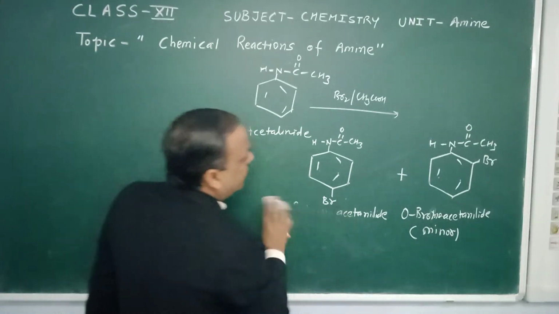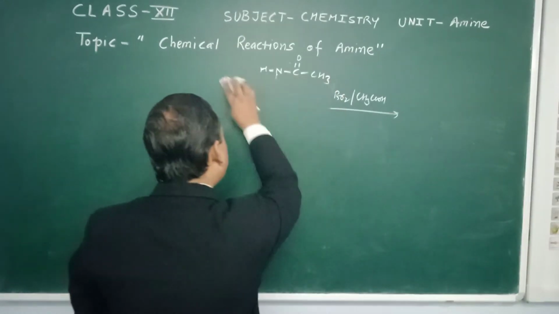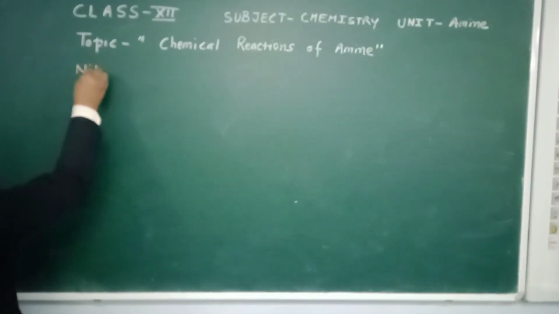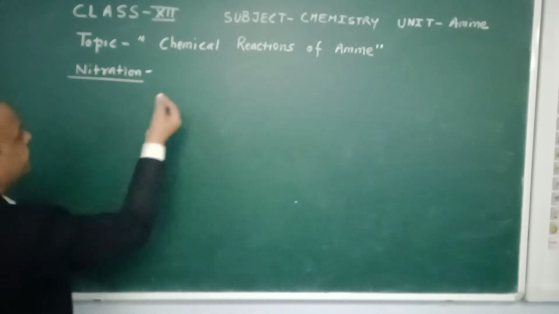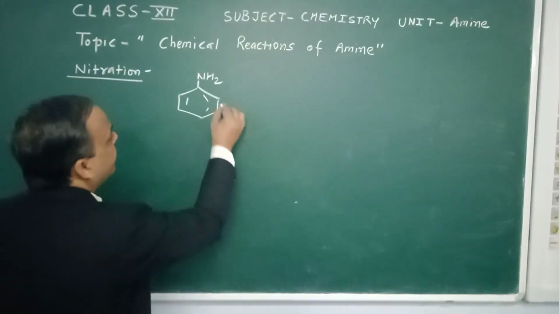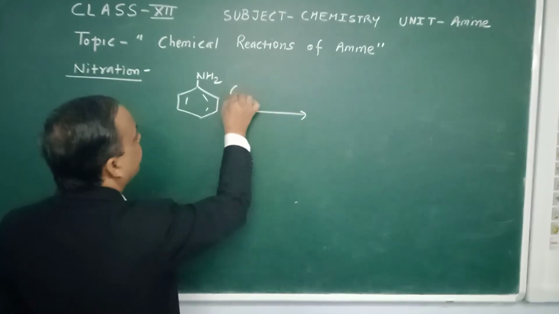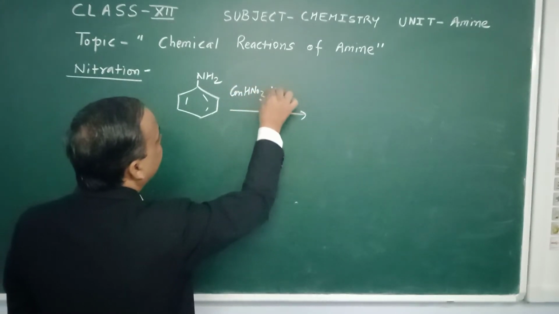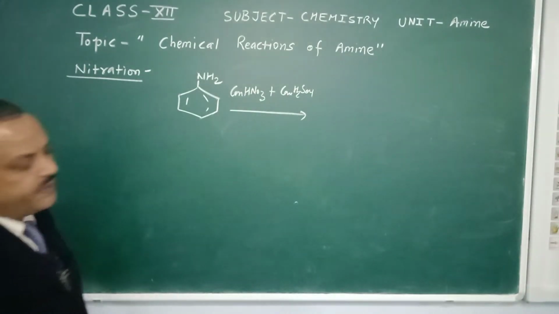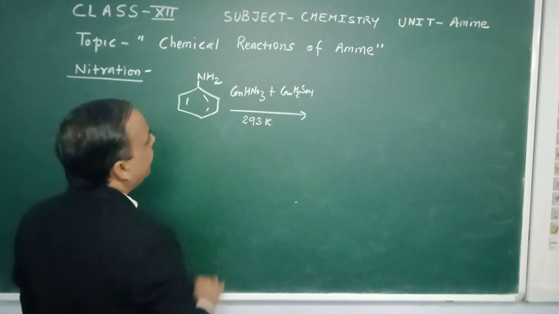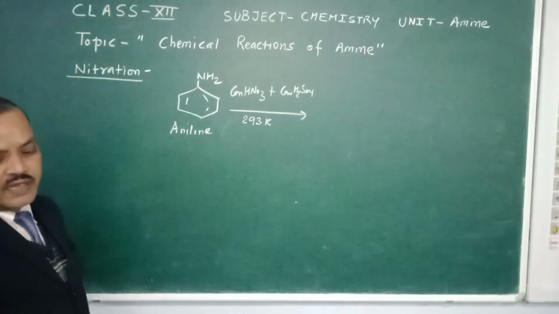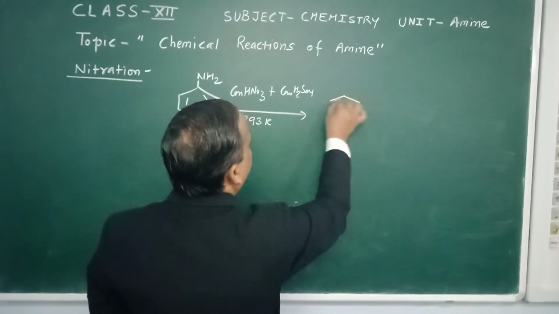In the nitration of amines, when we react the amine with concentrated HNO3 and concentrated sulfuric acid, known as a nitrating mixture, at a temperature of 293 Kelvin, we have three different kinds of products.